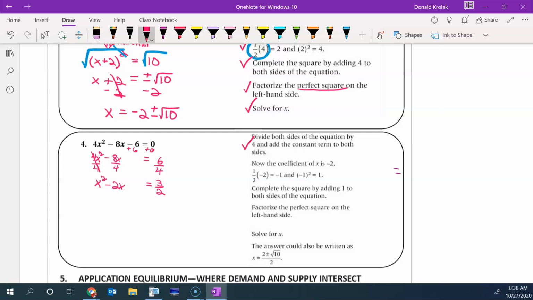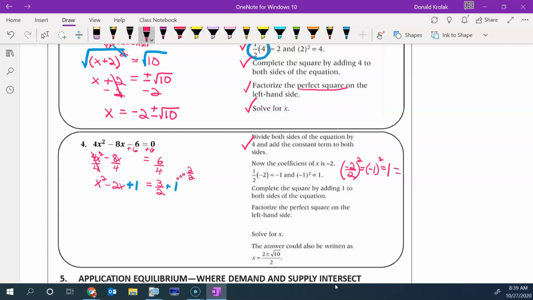Okay, coefficient on x is -2, so I do half of -2. Now that 1, so that I can add these, I'm really going to think of that 1 as a 2/2.